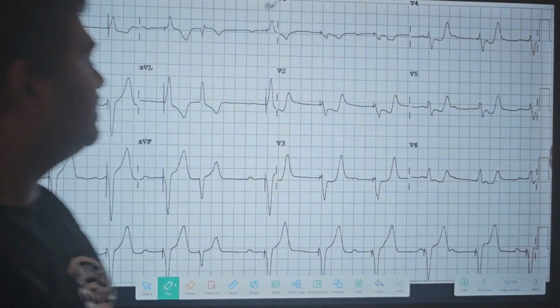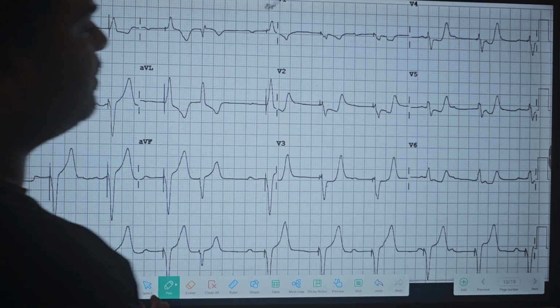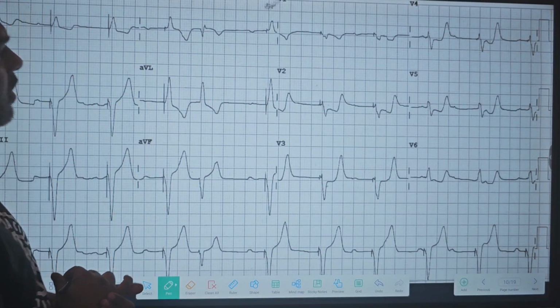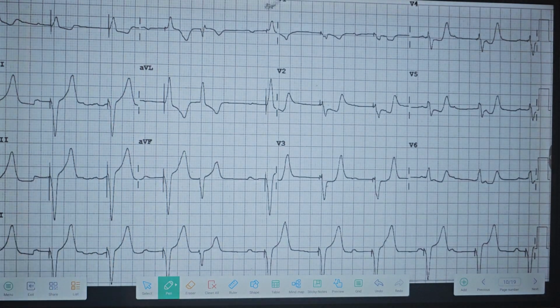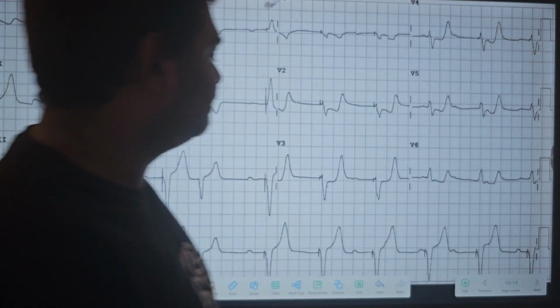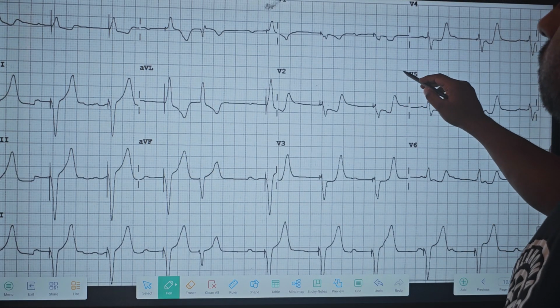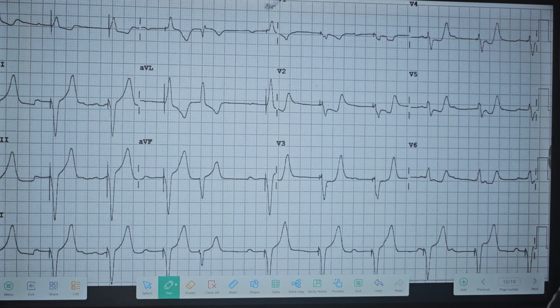Now see this ECG. This is the ECG of left bundle branch block. Again, I am telling you, this is a paced rhythm. Now, if you apply the Sgarbossa criteria here, what will happen? First, I'll tell you that it is a left bundle branch block.